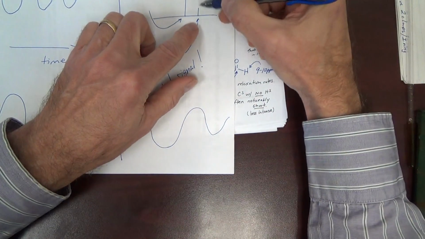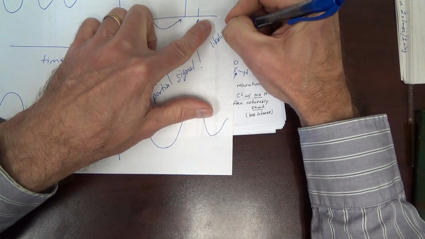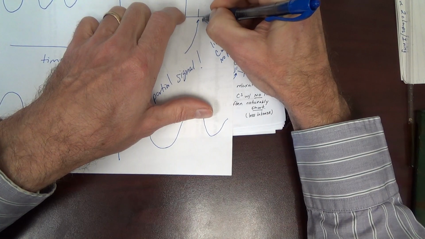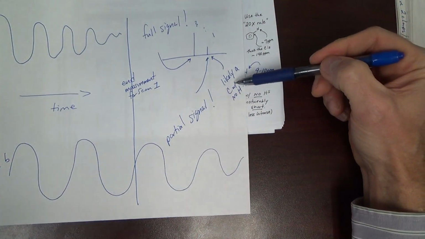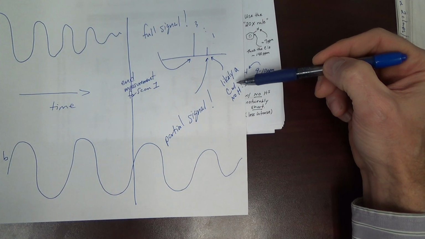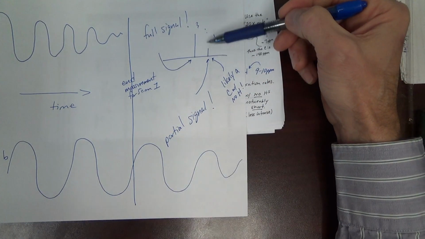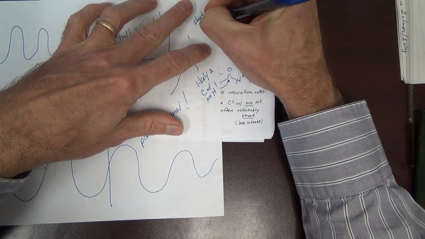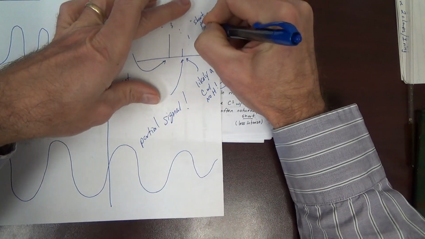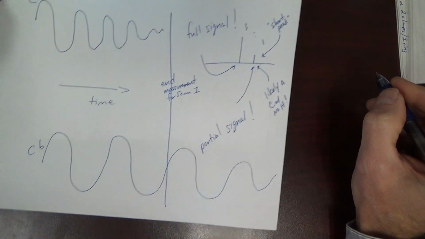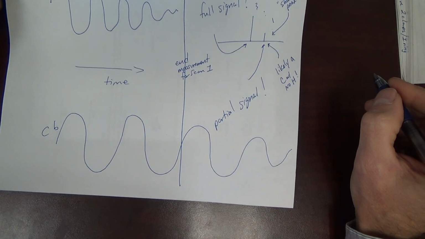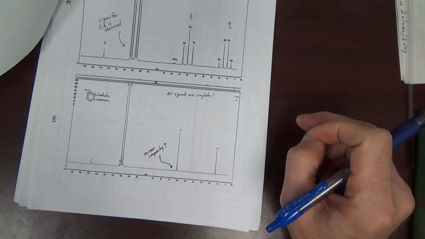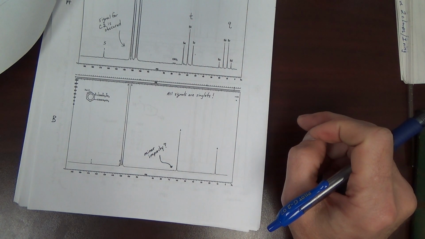Back over here, likely a carbon with no H. Because those are the ones that are going to relax slow and end up giving you a short peak, which is what I will call them. A short peak. We will refer to that.